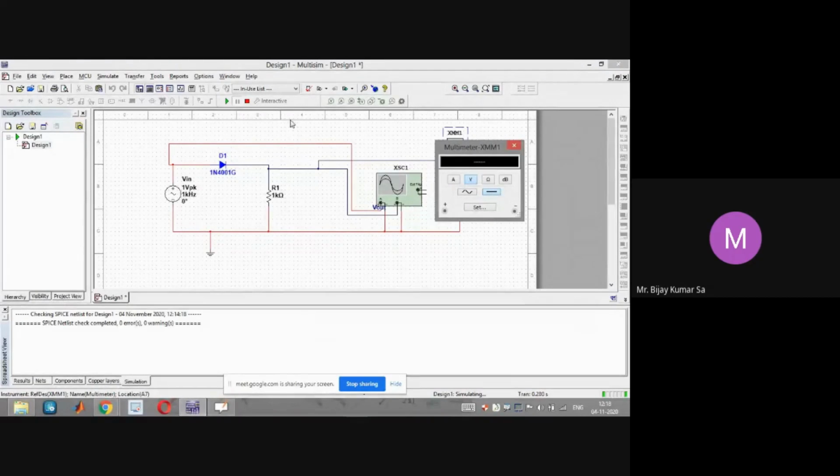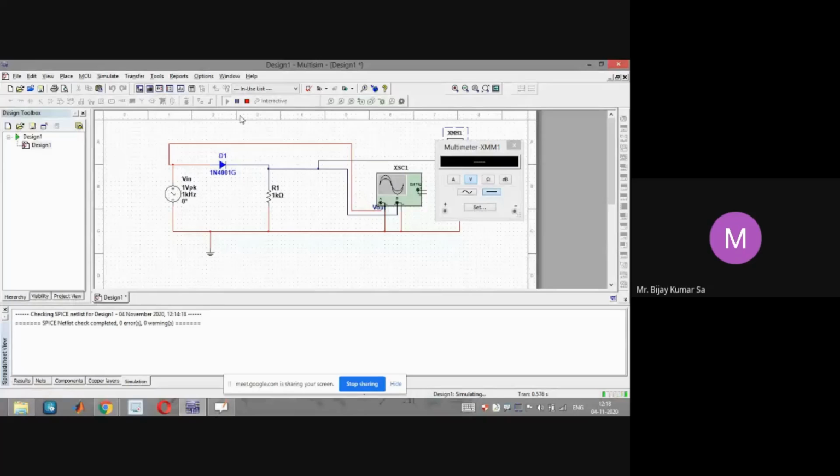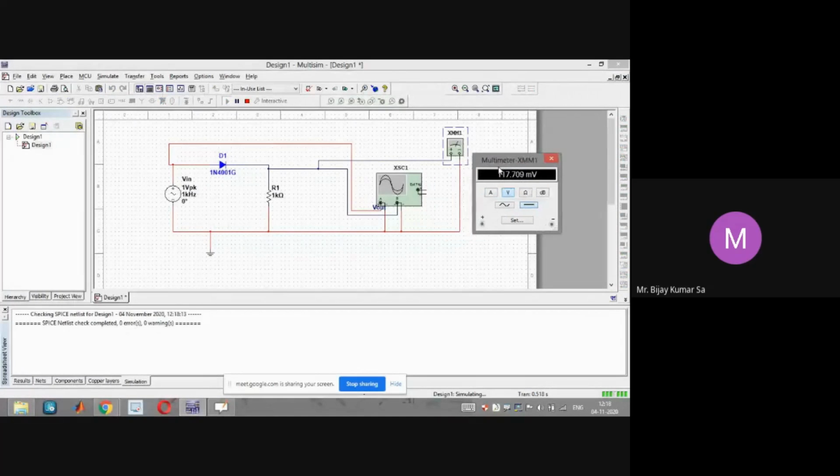It will measure the DC voltage once I simulate. So this is showing the DC voltage that we get for the rectified output is 117.74 millivolt. This is the amount of DC voltage of the rectified output.